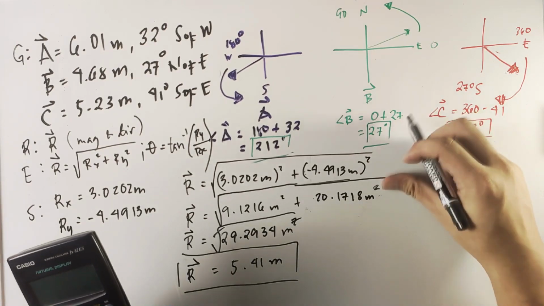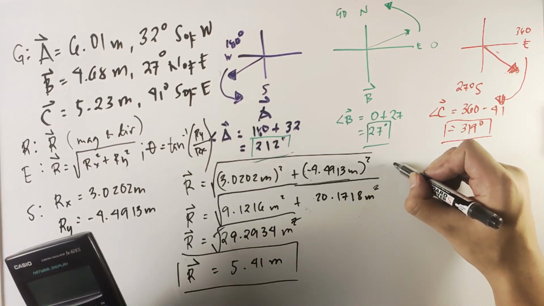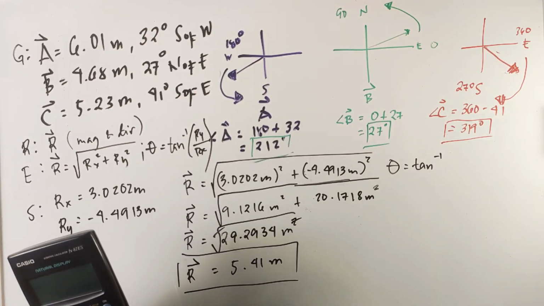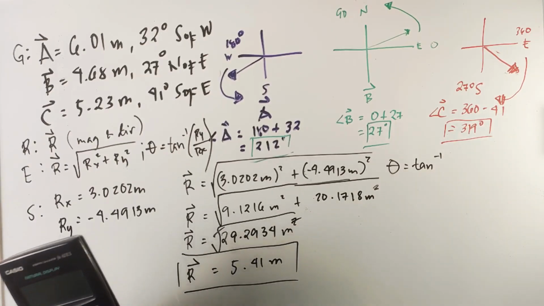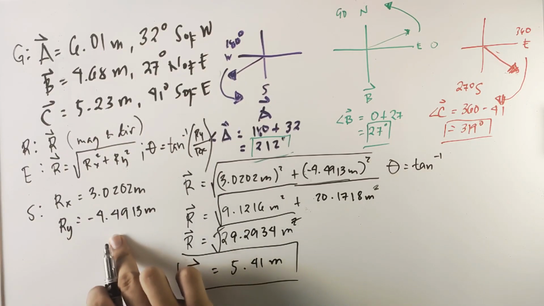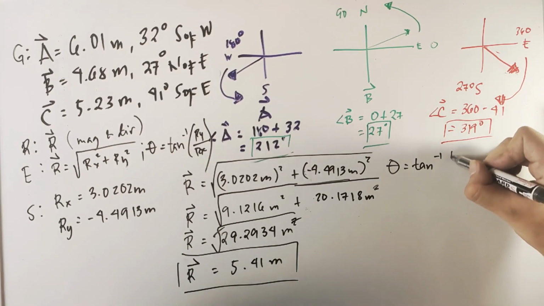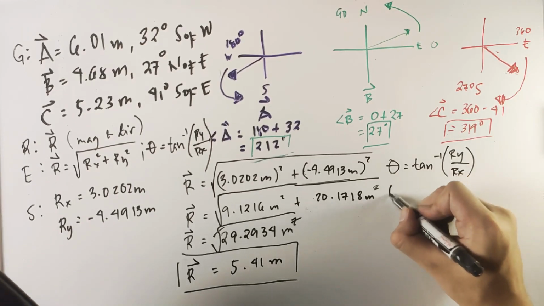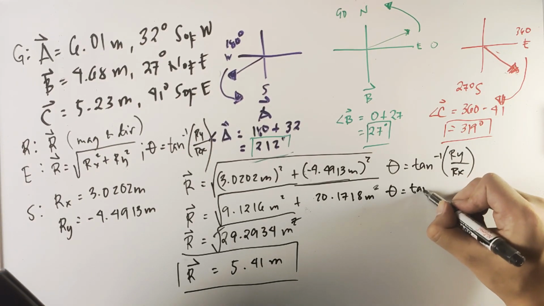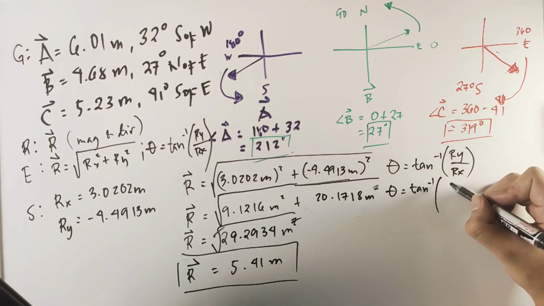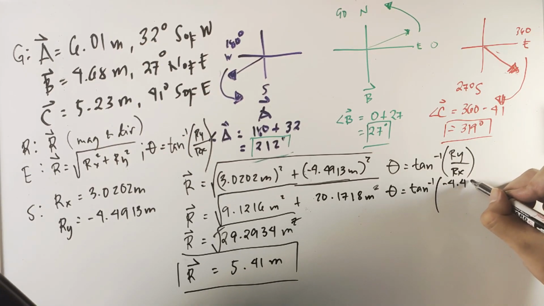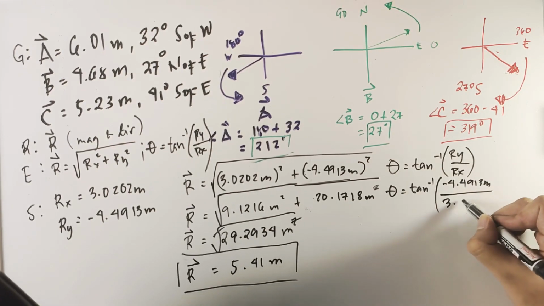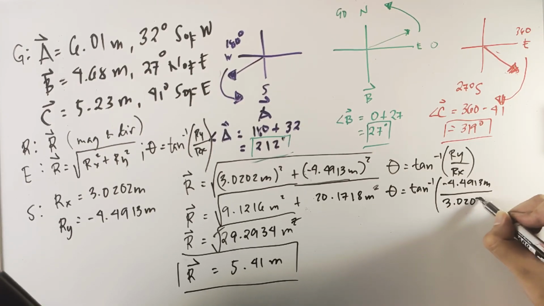For our direction, we have theta is arctan or tangent inverse r sub y over r sub x. Let's rewrite this first so you can see there. So this would be arctan, what's our r sub y? Negative 4.4913 meters divided by 3.0202 meters.